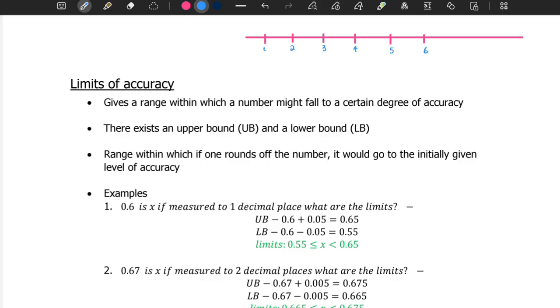Sometimes there is a limit to accuracy in that it could be something close to 1 or close to 2 or close to 5, but usually you round up or down within a certain range of accuracy.